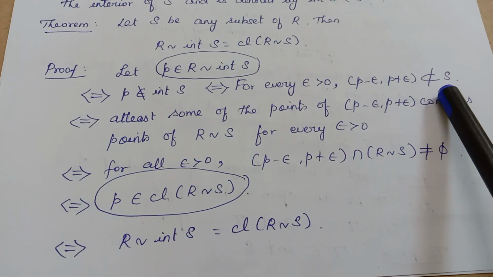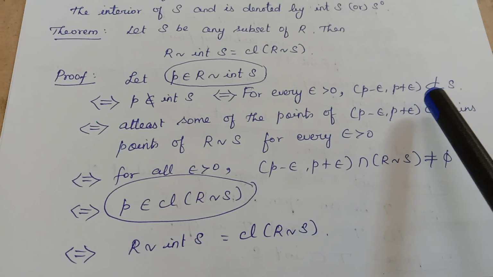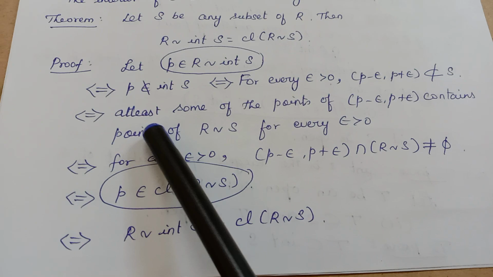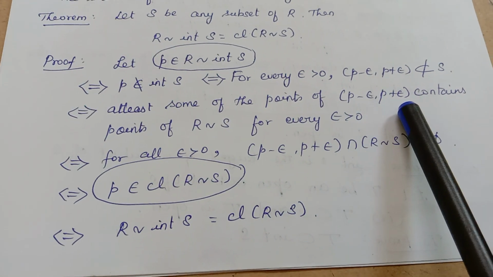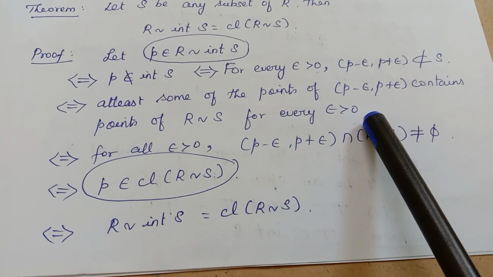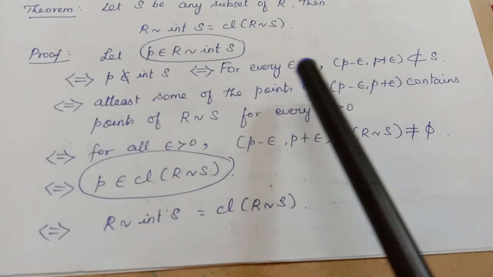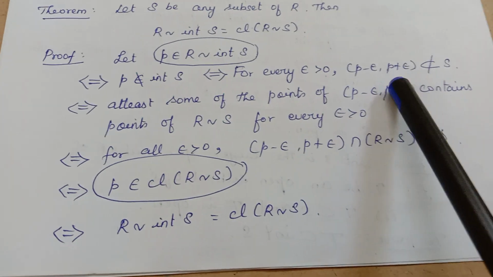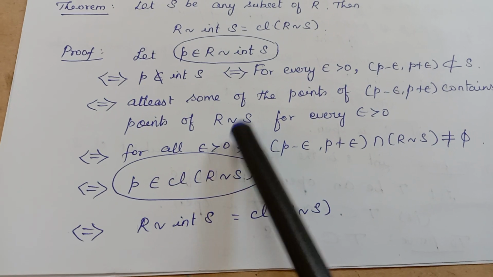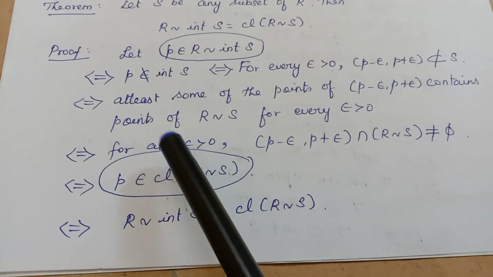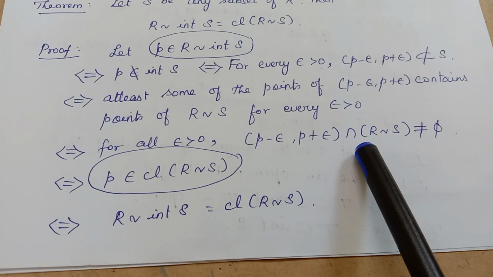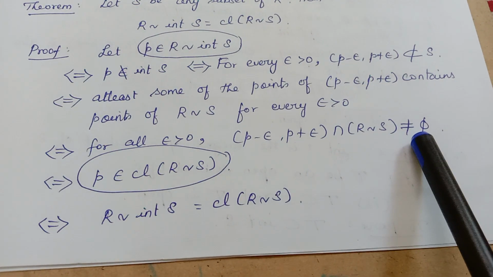Not contained in S means at least some of the points are not in S, isn't it? That is, for every epsilon greater than 0, the interval p minus epsilon to p plus epsilon contains points of R minus S. That is, for whatever neighborhood of P you take, some of the points in the neighborhood must lie outside S. Outside S means it is in R minus S. Let me restate the point: for every epsilon greater than 0, the intersection of p minus epsilon to p plus epsilon with R minus S is non-empty.